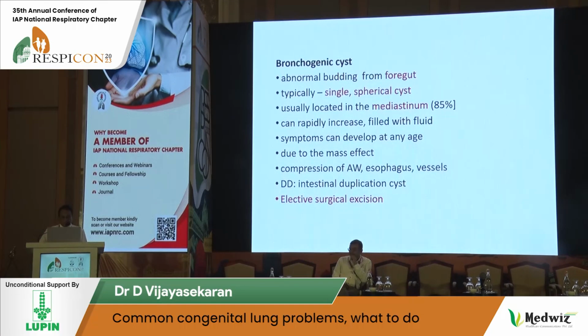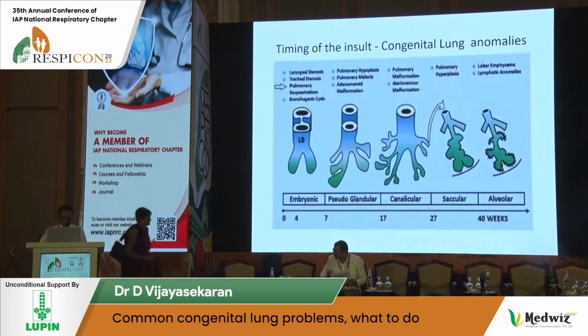I am telling you, this is when the foregut, like a respiratory diverticulum, develops. Bronchogenesis also develops from the foregut, and it is invariably a single cystic spherical lesion closer to the mediastinum. And once you make a diagnosis, you have to have an elective surgical resection.